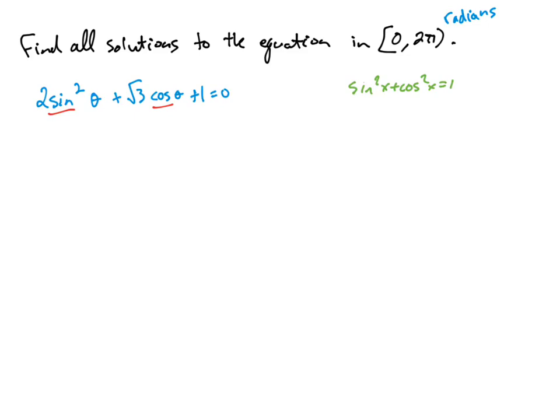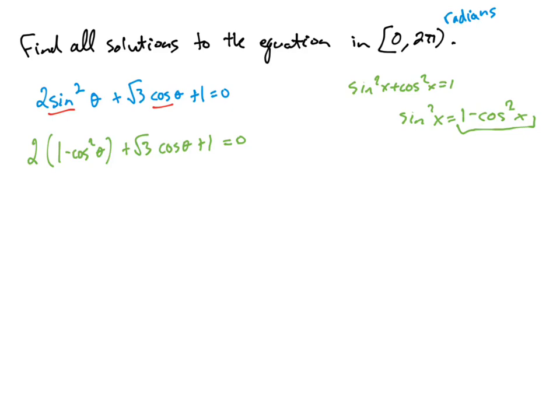So we could replace this sine squared of theta with 1 minus cosine squared. So we can replace the sine squared of theta with 1 minus cosine squared. So I'm going to do that. 2 times 1 minus cosine squared of theta plus square root 3 cosine theta plus 1.